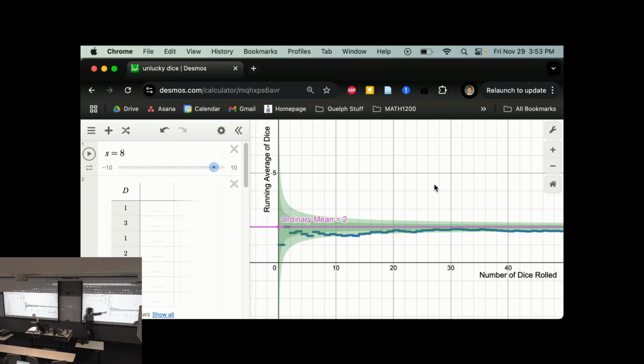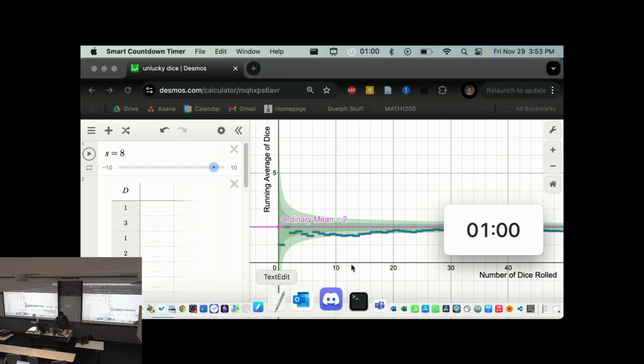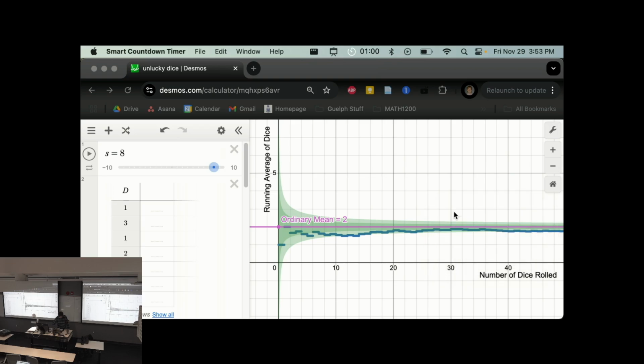And these little blue lines are the running average of the dice. The very first one, when x equals 1, is just the value of the first dice roll, which is 1. When x equals 2, the running average jumps to 2. The second dice roll was 3, so the running average was 2.